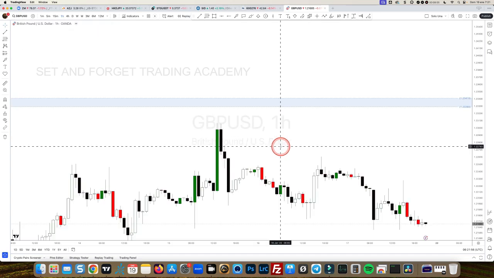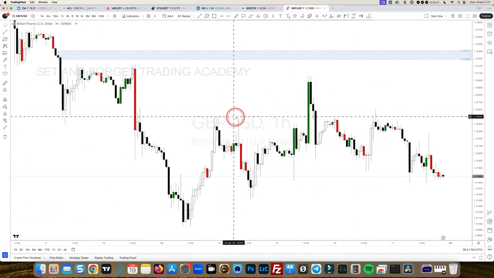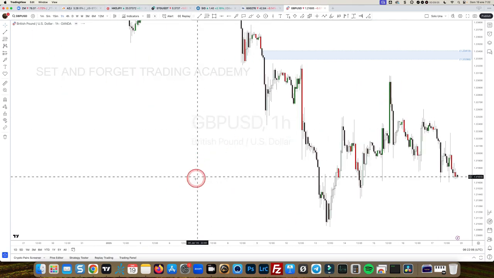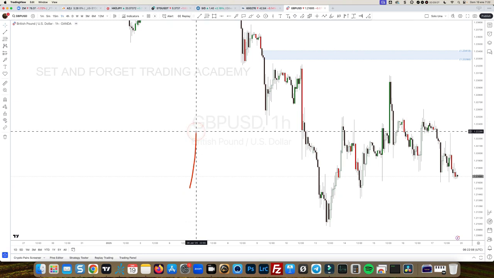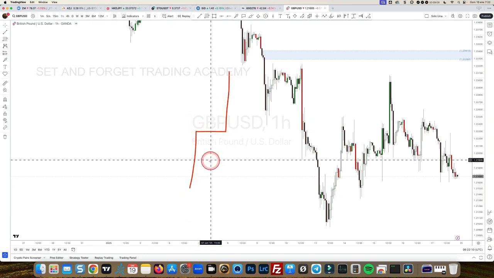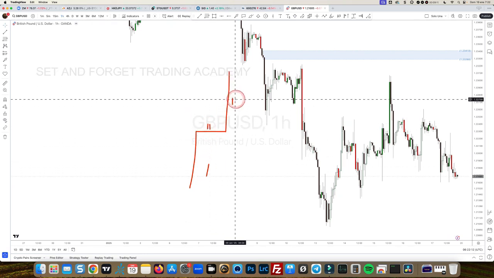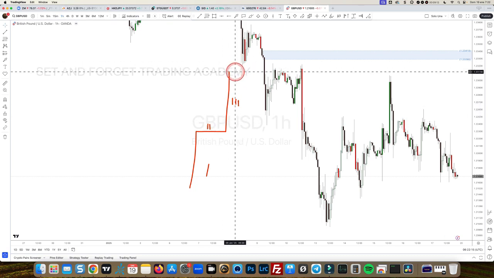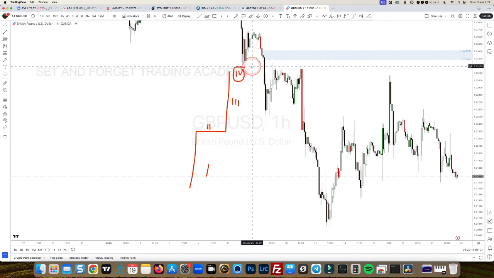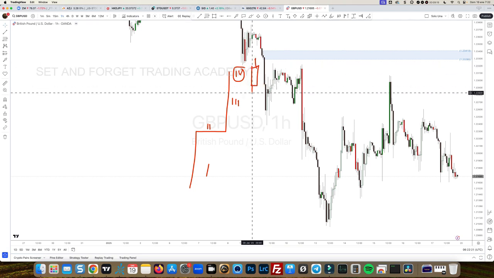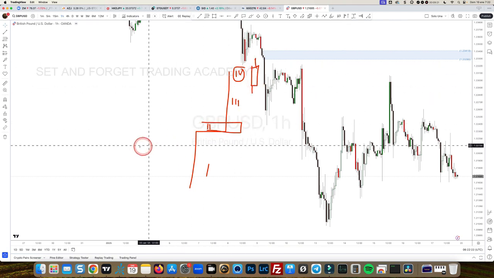So summing up, the CP needs 3 features and a 4th one to be considered an imbalance. The 3 features are rally, leg in, base, leg out, 1, 2, 3 features. And if you want this to be an imbalance, we need the 4th feature, which is the consolidation away, a full candlestick not touching the basic structure.